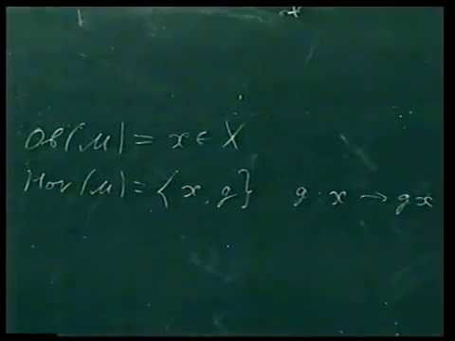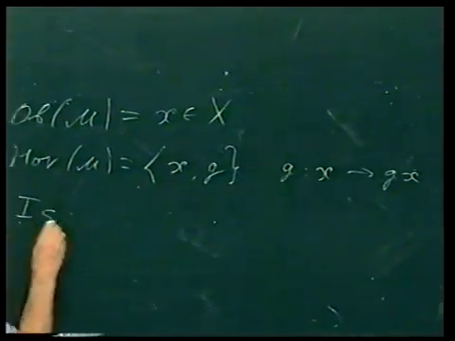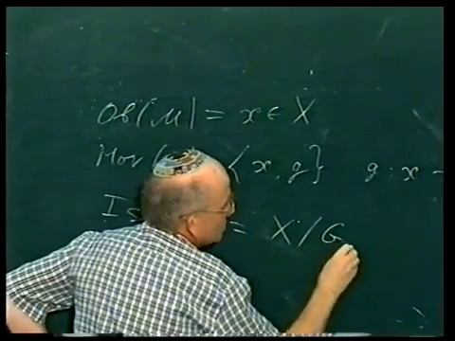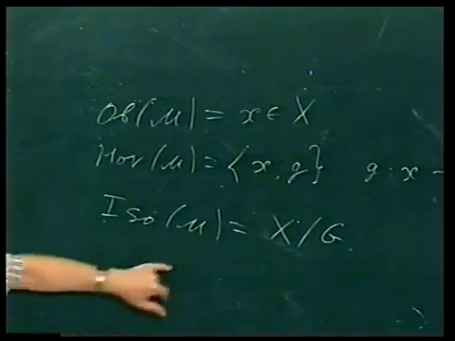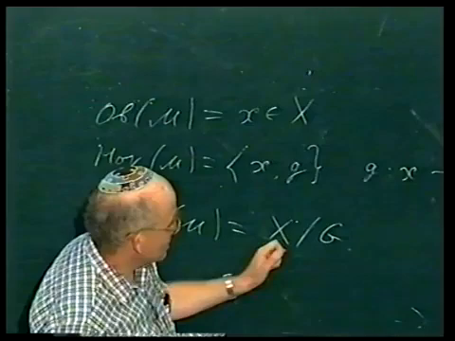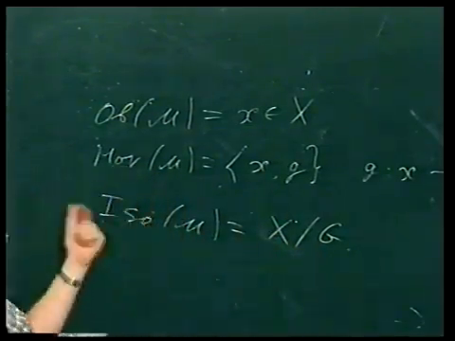So the isomorphism classes of this category M will be just X mod G as a set, but each point will also remember its stationary subgroup.